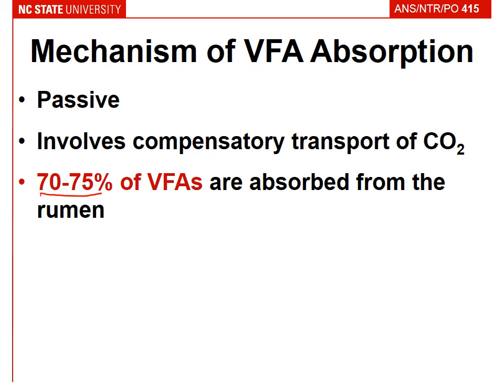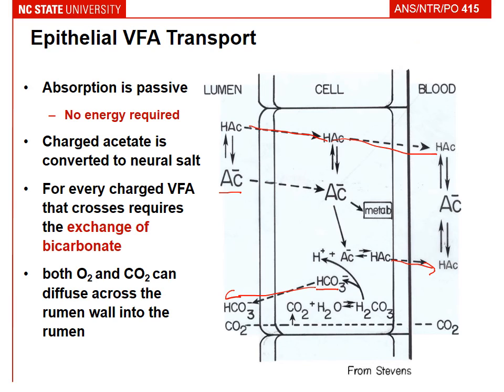So we're missing about 25 to 30%, but that's pretty good compared to the other animal species. Again, we talked about this in the last unit, how our VFAs are transported. You can see here that they are passively transported.